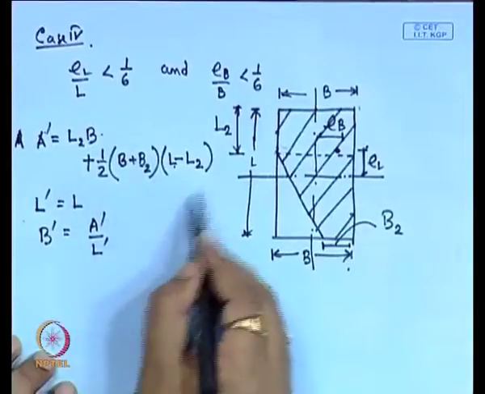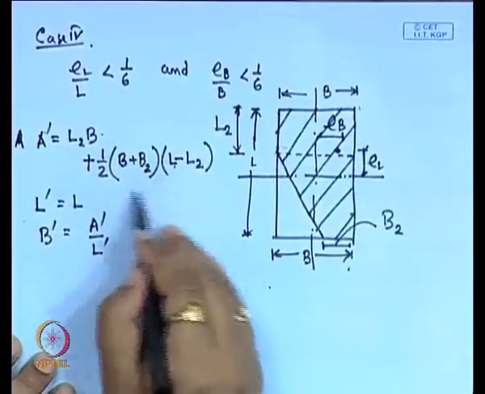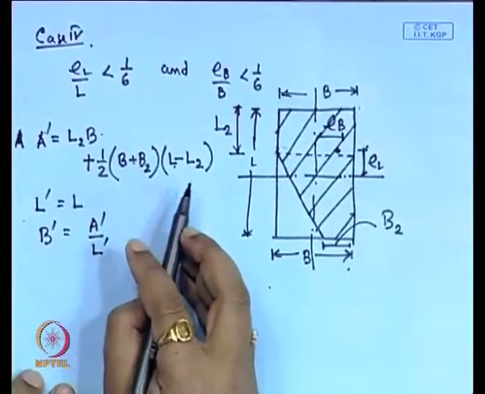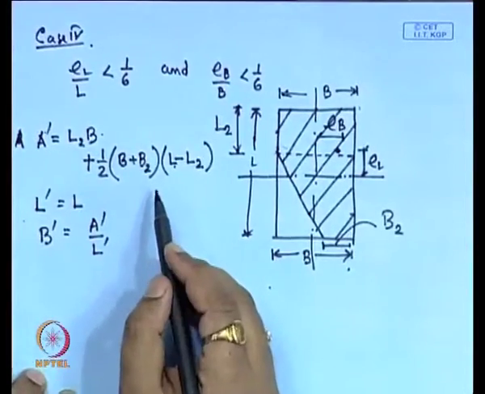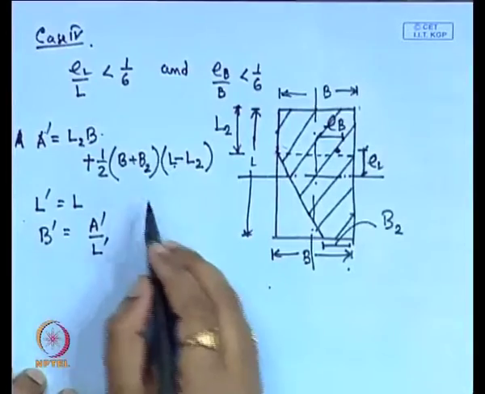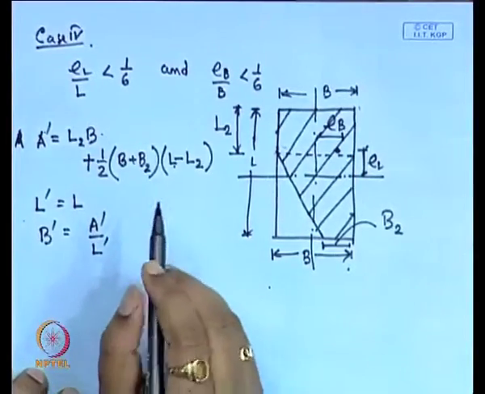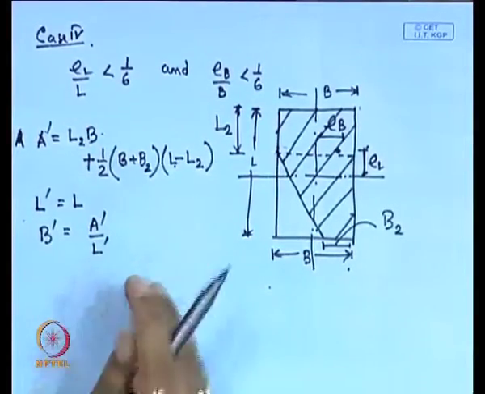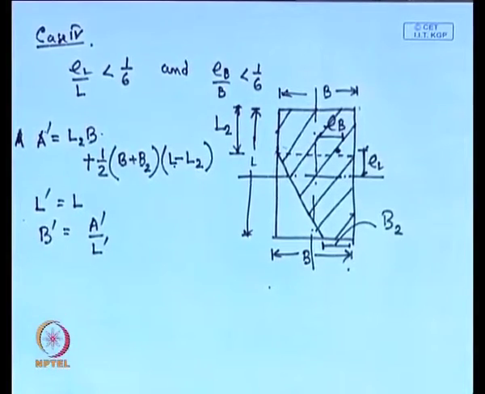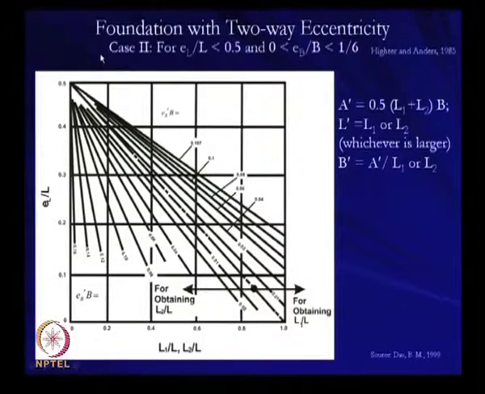Now, to determine this L 1, L 2 and B 2, different charts are available. So, now I will show you the charts for this case, because in the first case these values L 1 and L 2 we can determine directly by using the given expression.